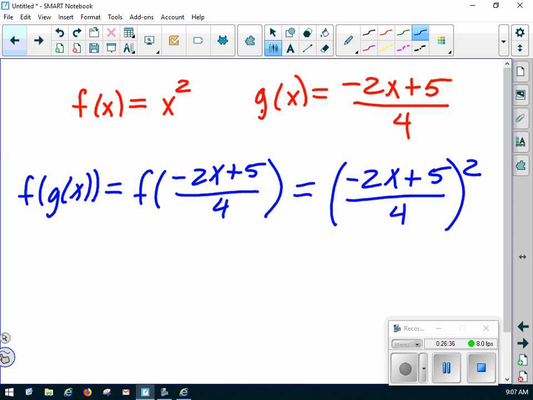What's the exponent you see right here, with that x? 1. What's the exponent you see right here? 2. Are those good exponents? Yes. What's the domain? All real numbers. If the only exponents you see are 0, 1, 2, 3, 4, like that, your domain is all real numbers because it's a polynomial.